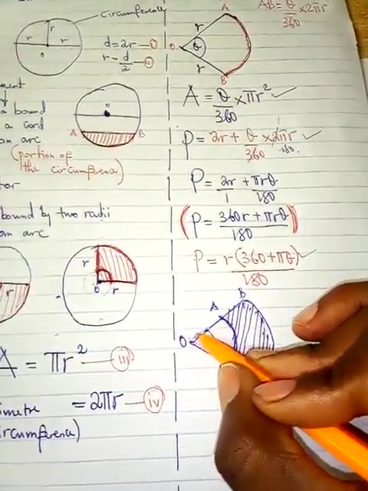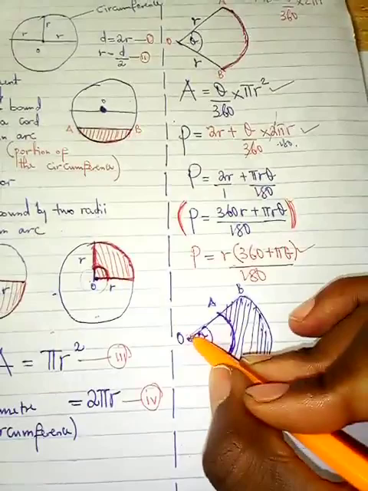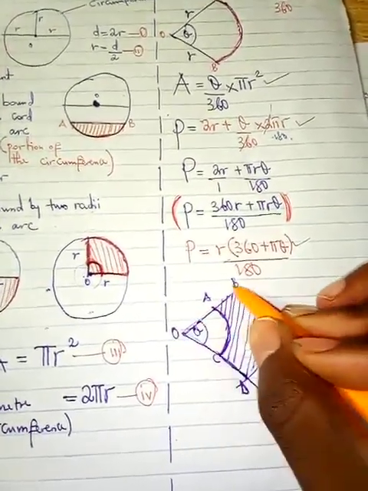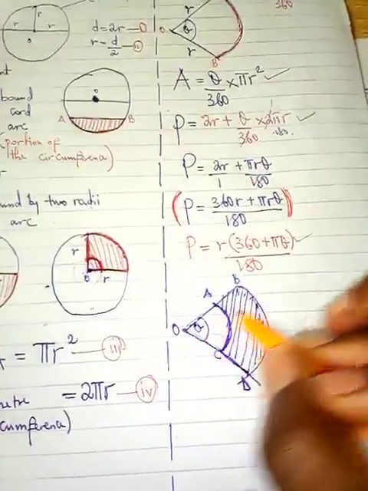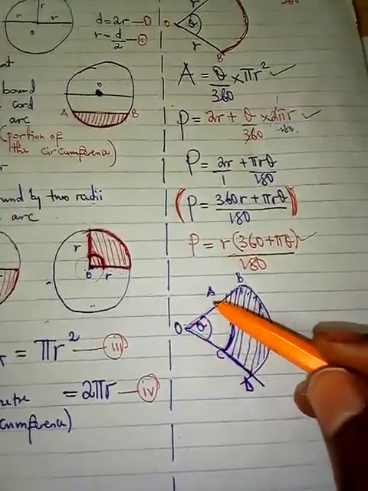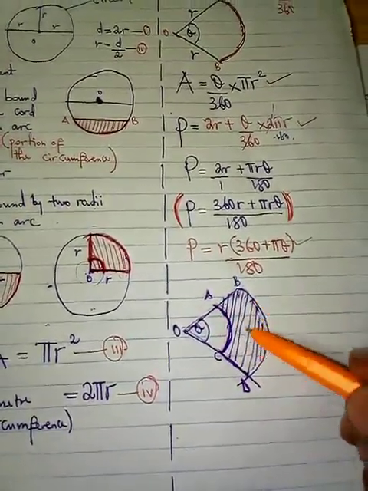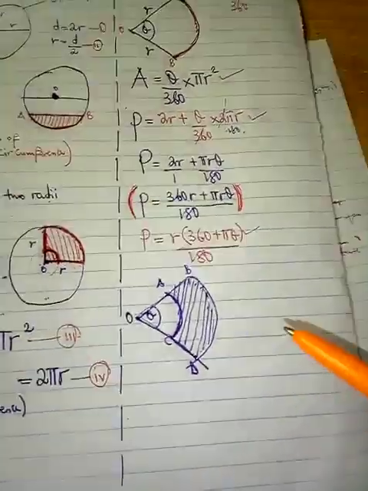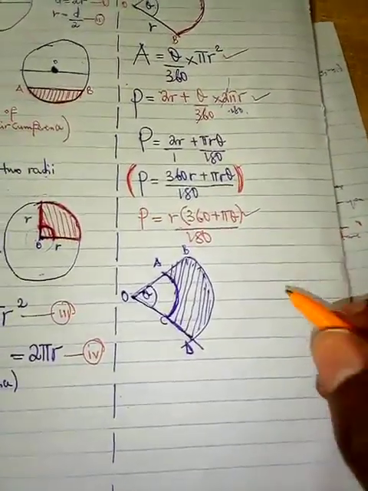We can find the area of this small one, and then we find the area of this bigger one, and then we just subtract the values. You will still have your area value of this shaded region. And then once that happens, you're going to get your full marks.